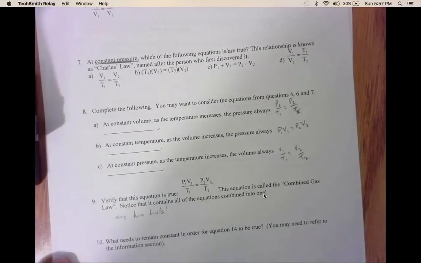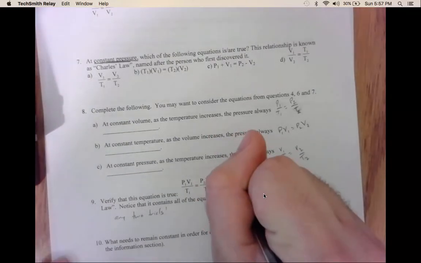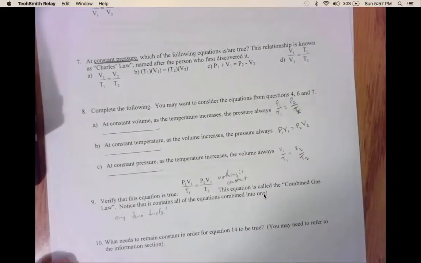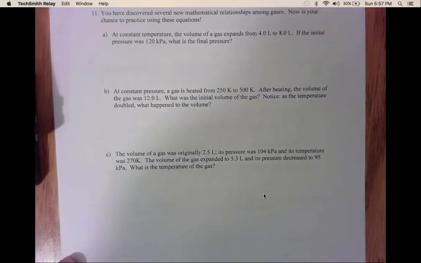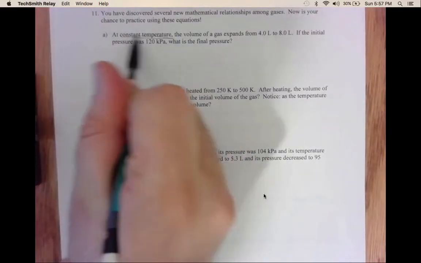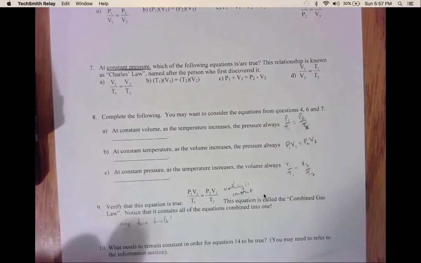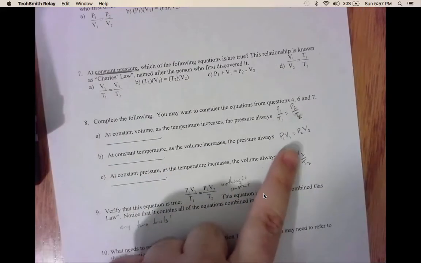In question 9, when nothing is constant, we use the combined gas law. So when we come back to question 11, the first thing we need to do is identify constant temperature. So we know that we need to use the gas law that has constant temperature, which is right here.